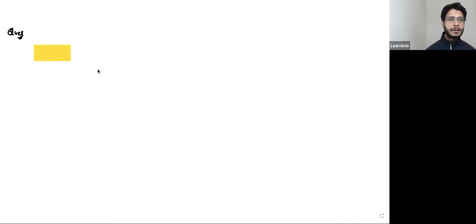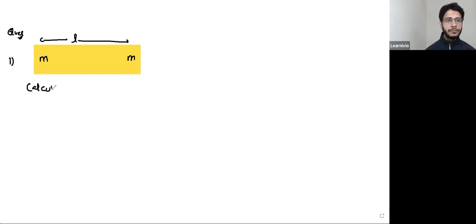You have a bar magnet having pole strength M and length L. That is the first part of the question. Calculate the magnetic moment of the bar magnet.